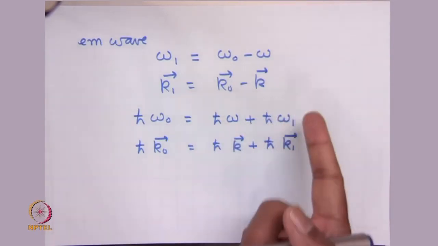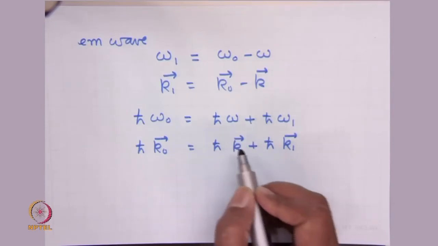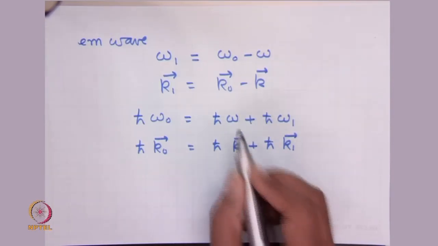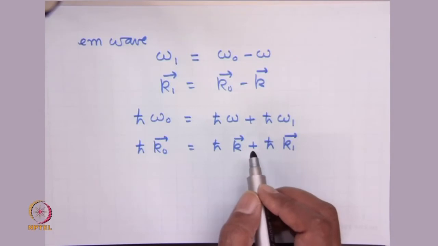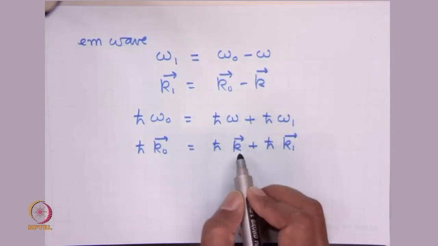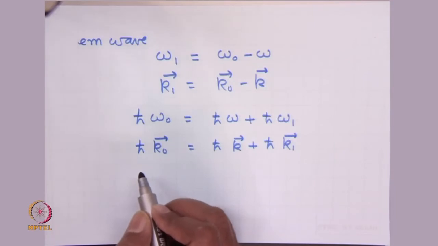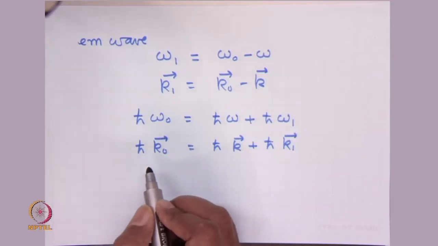Otherwise, they are also known as phase matching conditions. Obviously, each omega and k must satisfy a linear dispersion relation for the wave that we are talking about. Omega 1, k1 will satisfy the dispersion relation for an electromagnetic wave. Omega, k must satisfy the dispersion relation for a plasma wave. Omega 0, k0 must satisfy the dispersion relation for the pump electromagnetic wave.